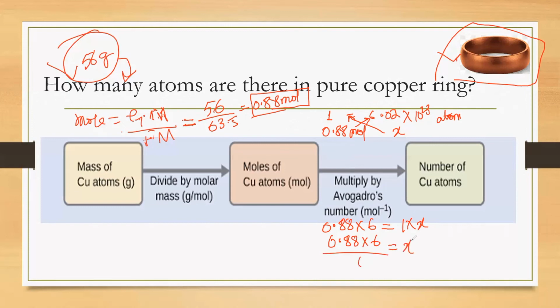The value that comes here will be the number of atoms. It is 0.88 into 6, so it is 5.291.